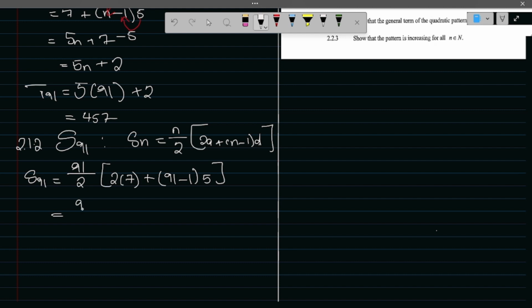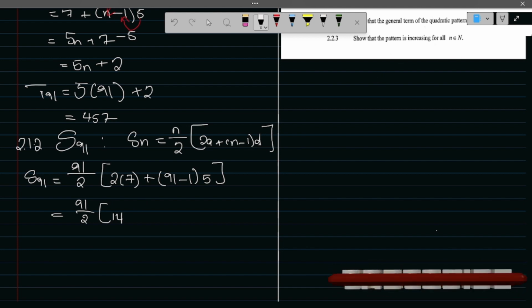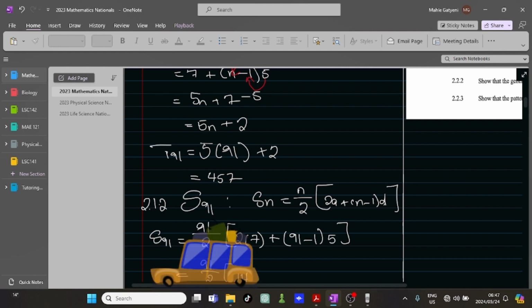So it's going to be 91 over 2, then 14, and then 91 minus 1 is 90, and 90 times 5 is going to be 450. Let me just double check.